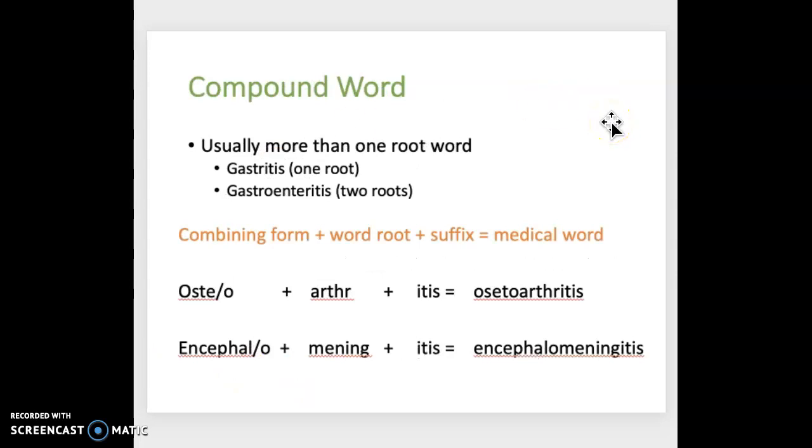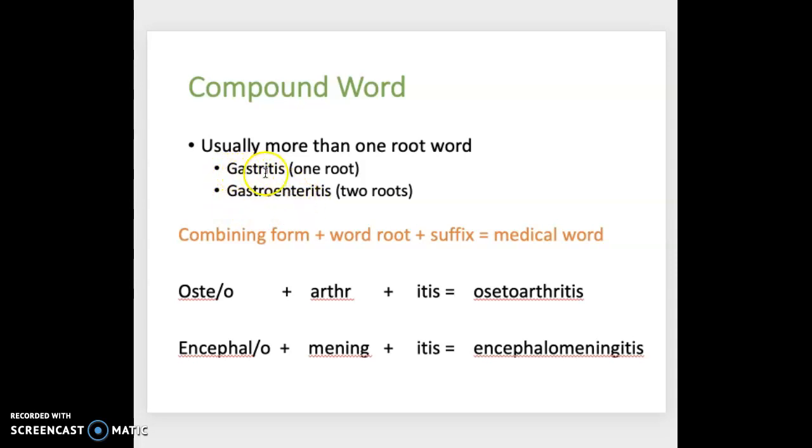Okay, one more thing. There is such a thing as having a compound word in medical terminology, and this is typically when there's more than one word root in the medical term. So an example is gastroenteritis. There are two word roots here, gaster and enter.